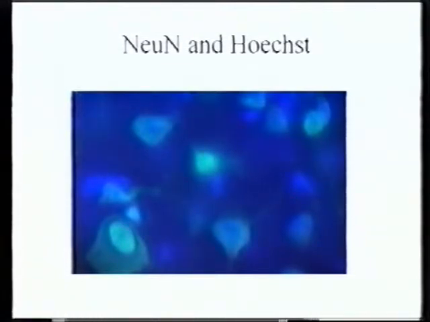So it is host. It is just a neuron that survived and is in that spinal cord. You see this cell here? It's blue, so it's a stem cell, but it didn't differentiate into a neuron. It's just sitting there hanging out. This one here is both. It's blue and green. Here's another one, blue and green.